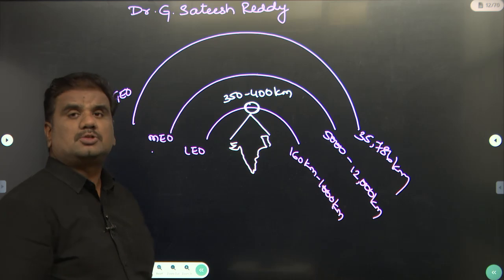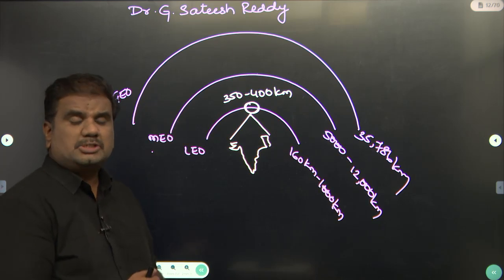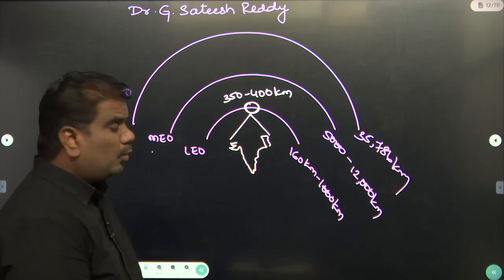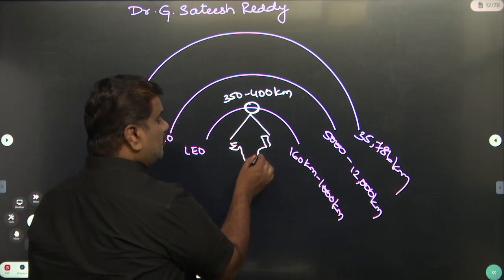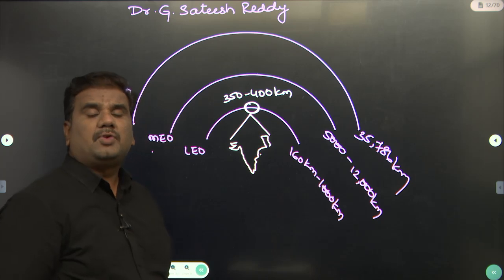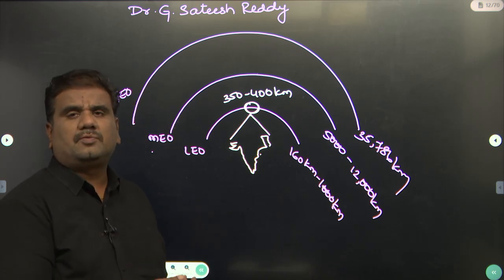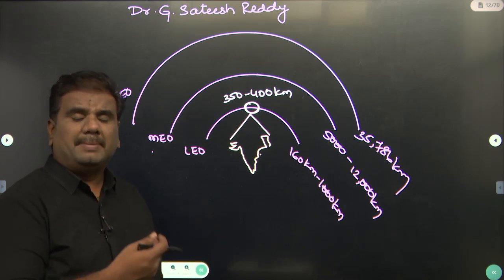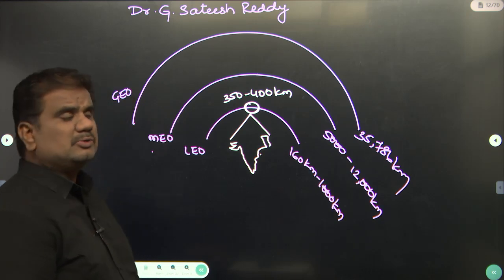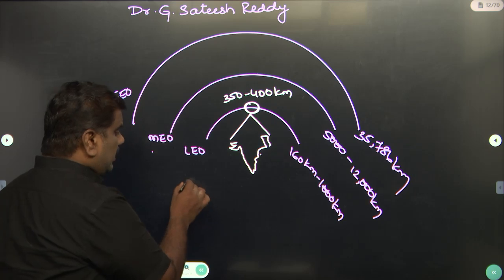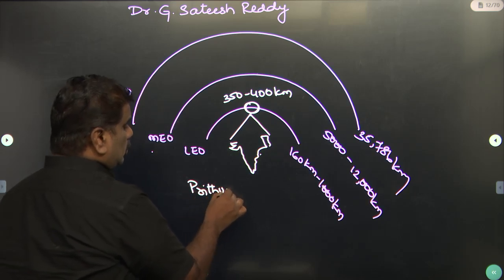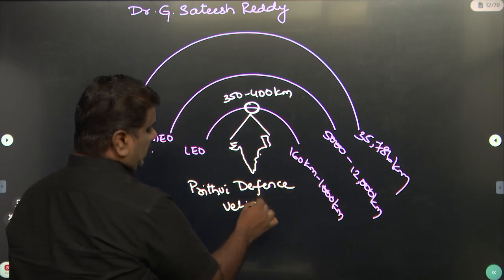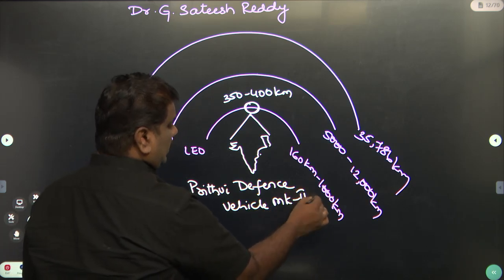In that case, to destroy this spy satellite at a height of around 350 kilometers to 400 kilometers, from Launch Complex 3 and Launch Complex 4, that is Wheeler Island, or Balasore, the Prithvi Defense Vehicle Mark II, PDV MK2, will be launched.